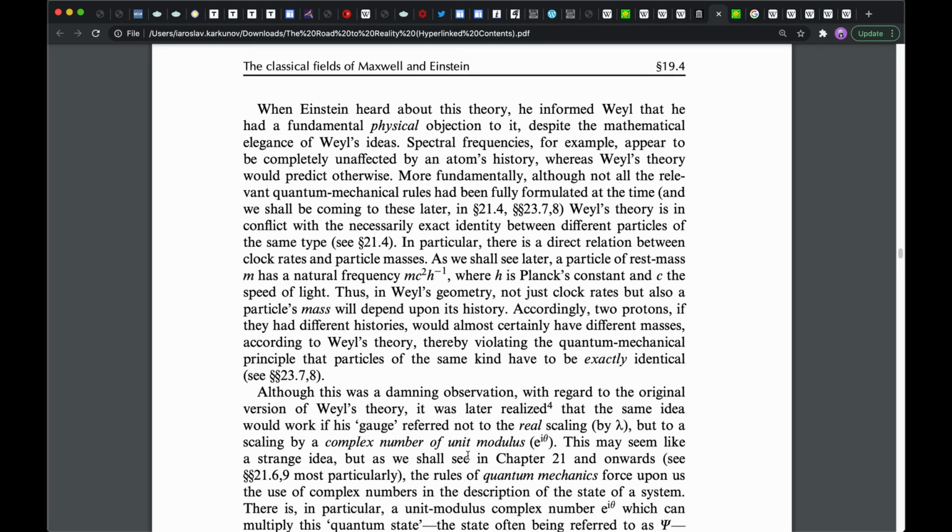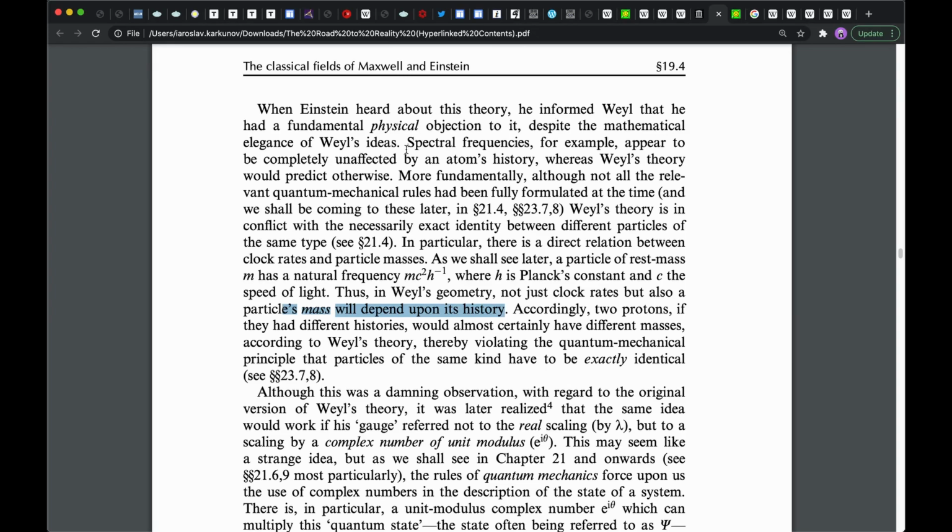But afterwards, first of all, Einstein objected to that, because fundamentally every particle has its frequency in terms of its rest mass, and therefore the particle mass would depend upon its history.